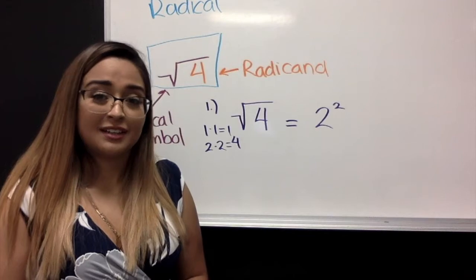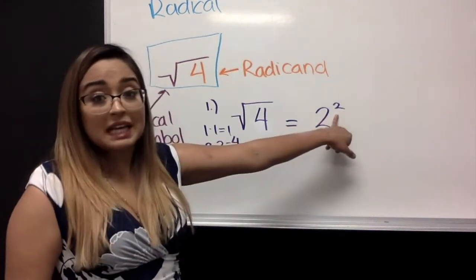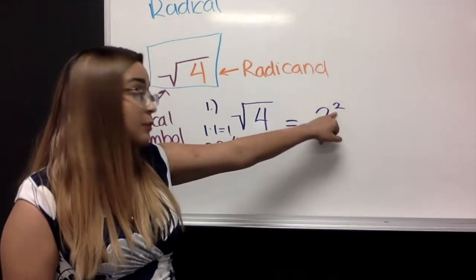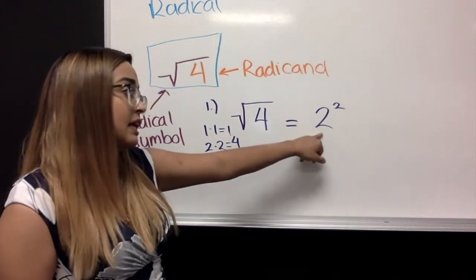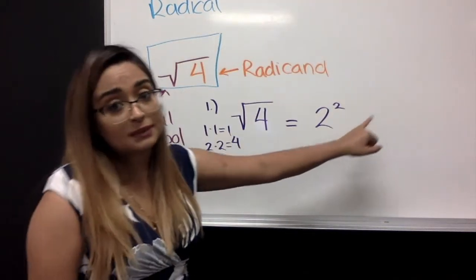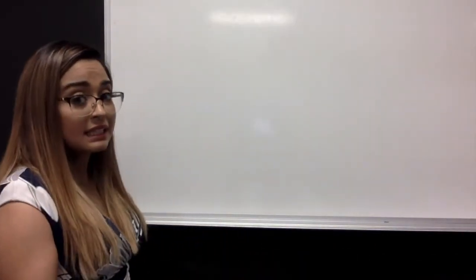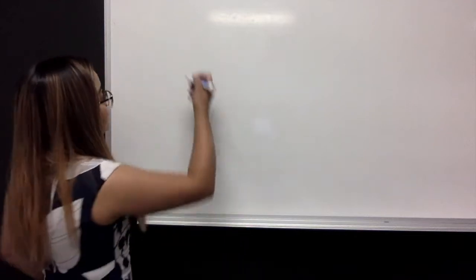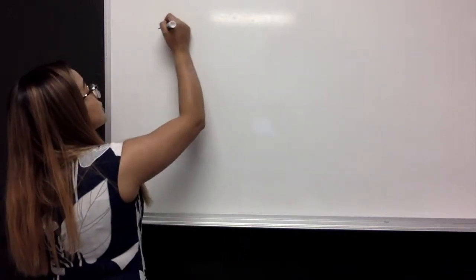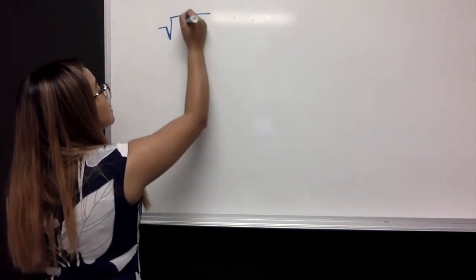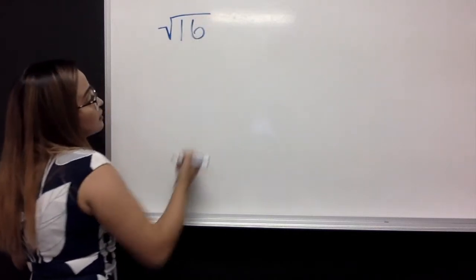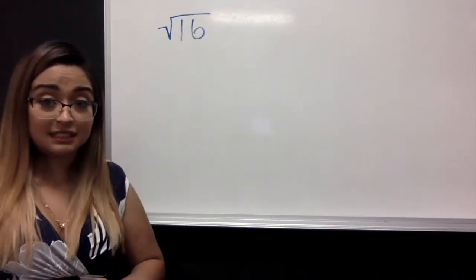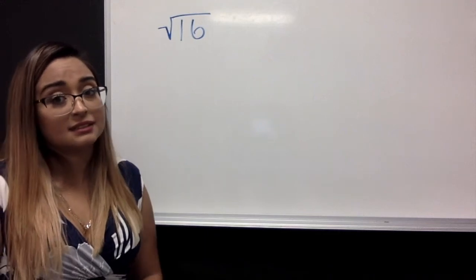2 squared. What does that little number mean? That you're multiplying 2 times itself. Alright, now that we have that down, let's see with a bigger number. What is the square root of 16?